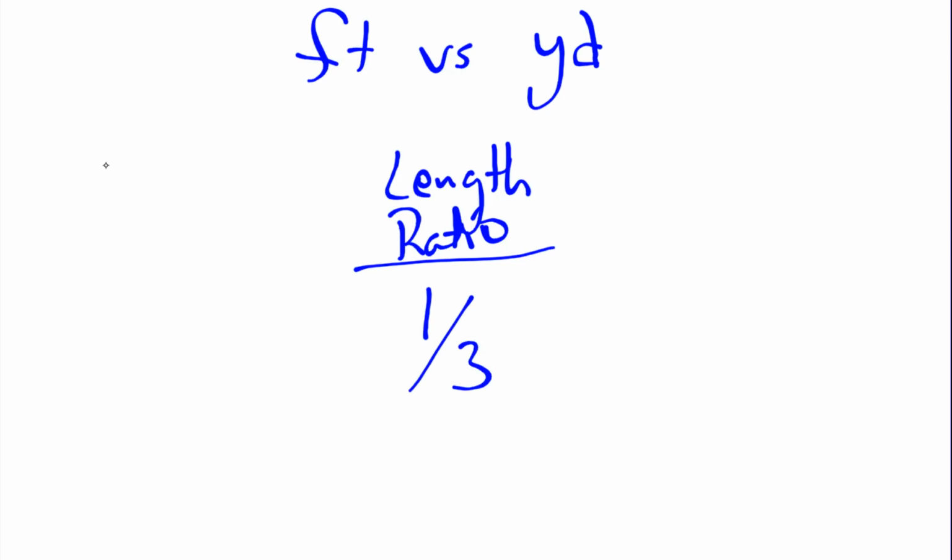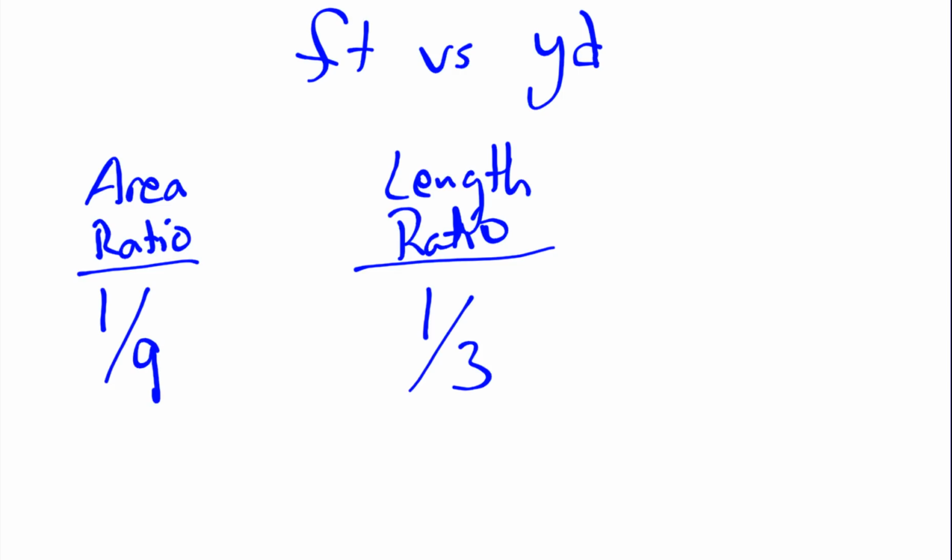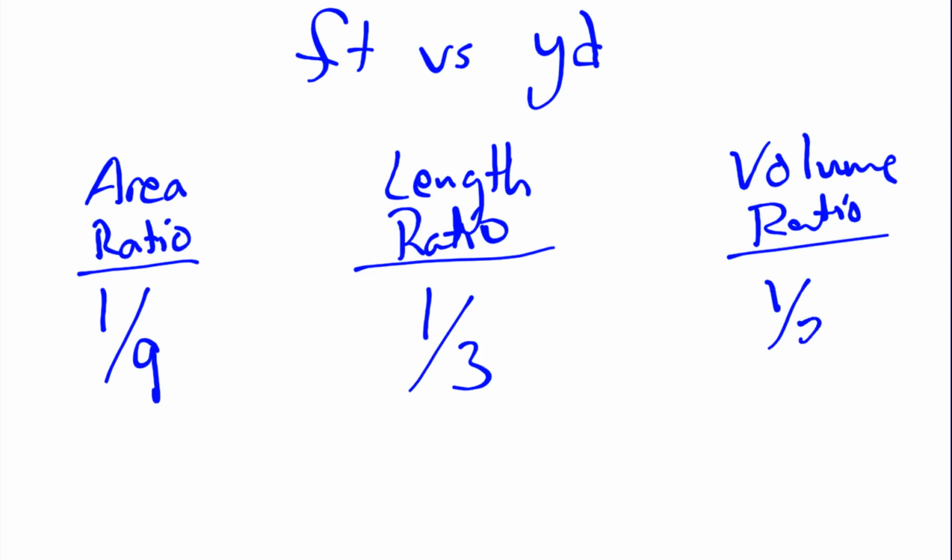When you had an area ratio, in our example we were strictly looking at just the side lengths, we went to a 1:9 ratio. And then when we switched it to look at a volume ratio, we ended up with a 1:27 ratio.